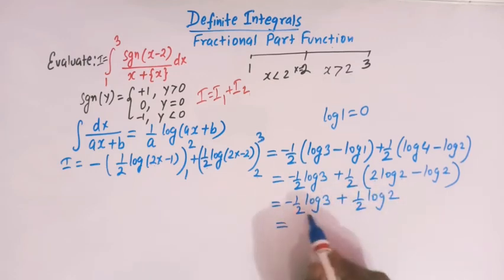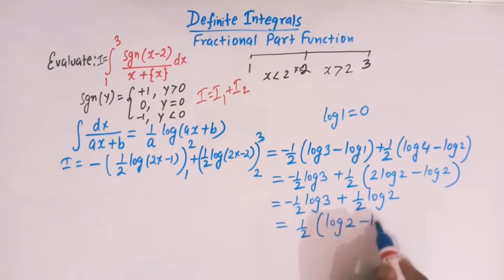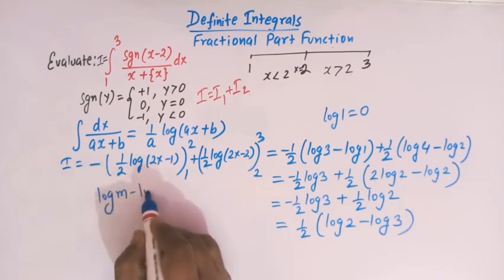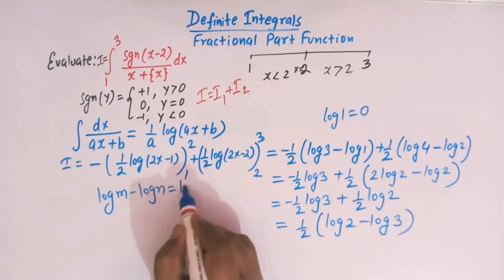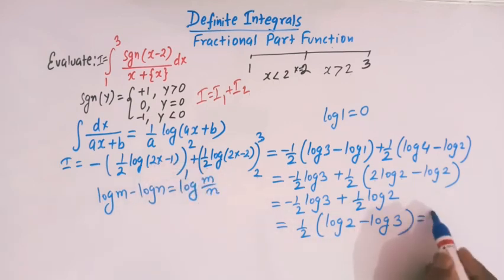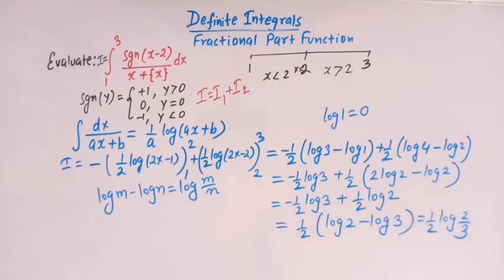Now we can take half outside, so we have log of 2 minus log of 3, and by the property that log of m minus log of n is equal to log of m over n, we can write half log 2 over 3, right?